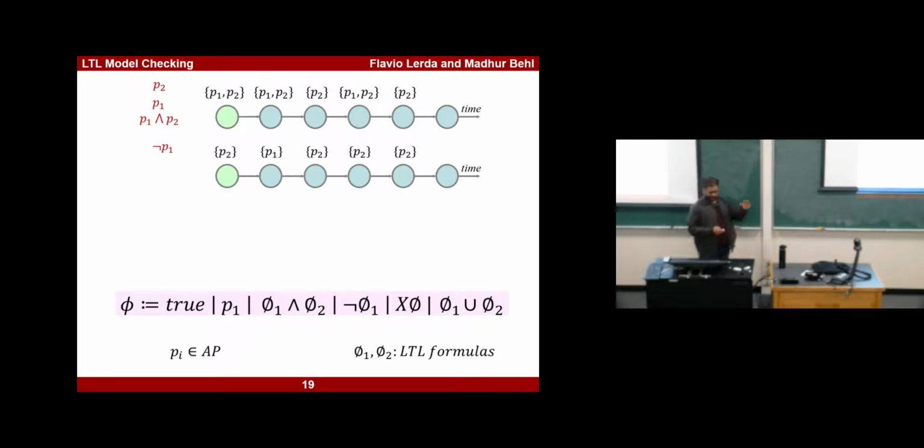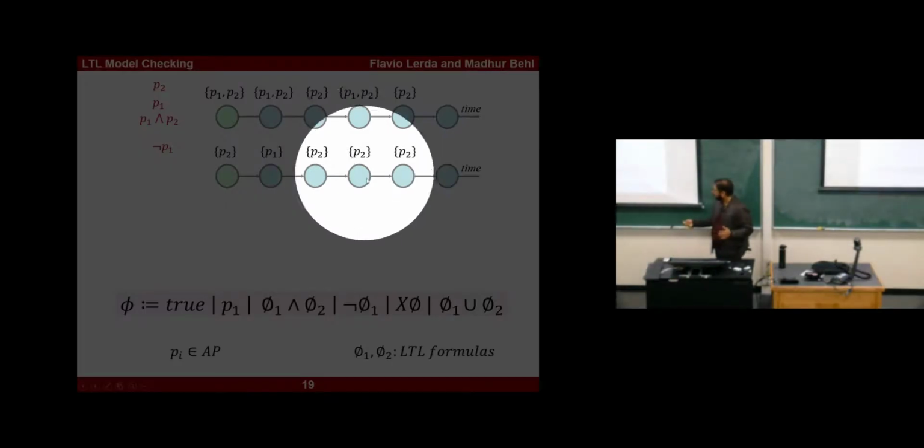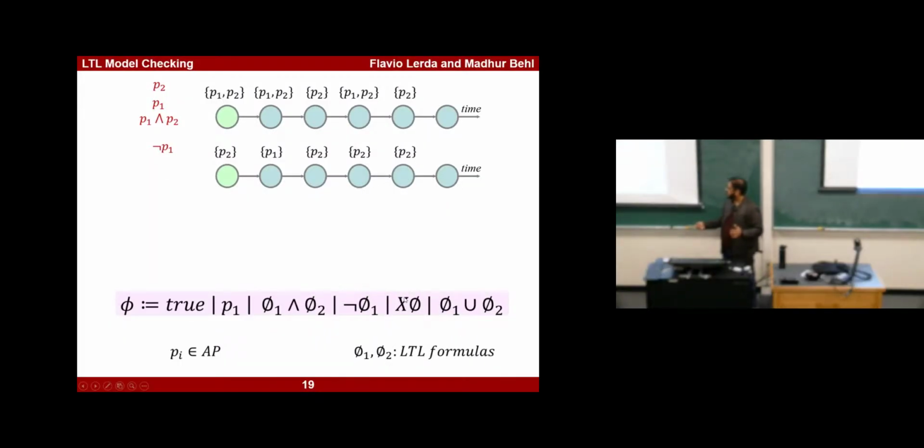So these are the easy ones, or the ones that are easy to understand. If you have an LTL formula phi, then you can use the operator X phi. So now we are talking about this part of the grammar. If phi is a valid LTL formula, then X phi is also valid. So I can ask, does this trace satisfy X P1?